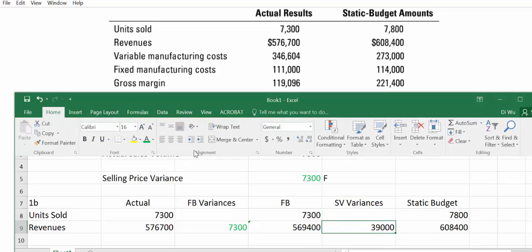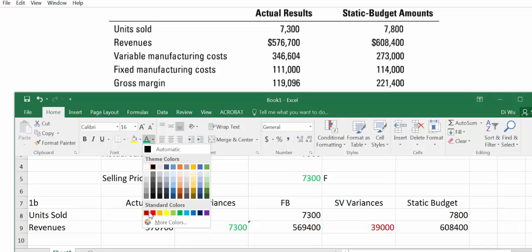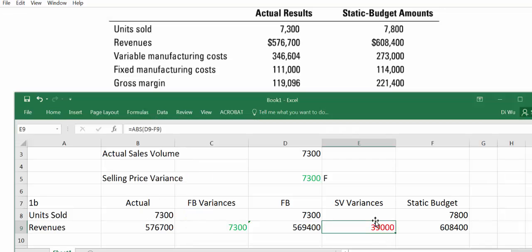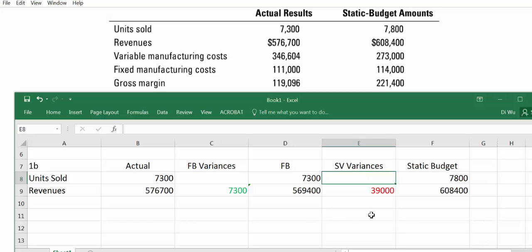This number is actually unfavorable because the sales volume is much less than your forecast. So definitely you are losing the forecasted revenues. Therefore you have an unfavorable sales volume variance.